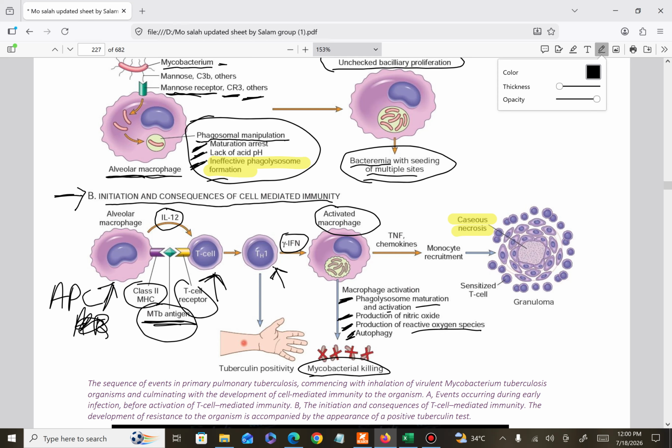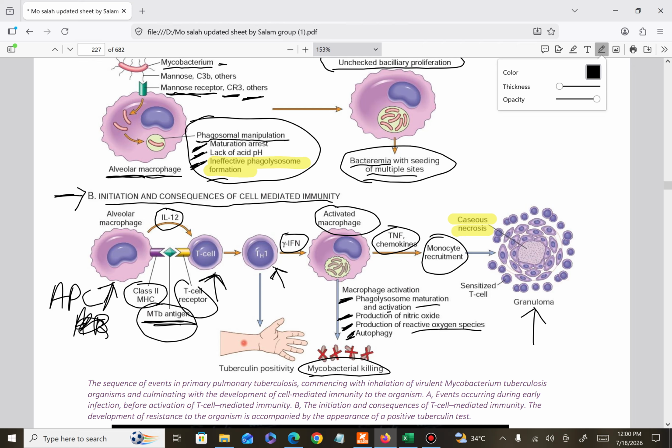It also secretes tumor necrosis factor and chemokines, which recruit more monocytes and cause granuloma formation. So this is the granuloma.